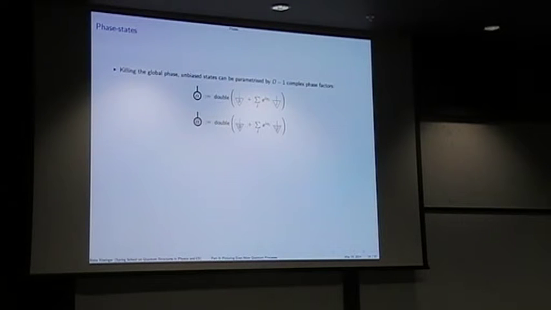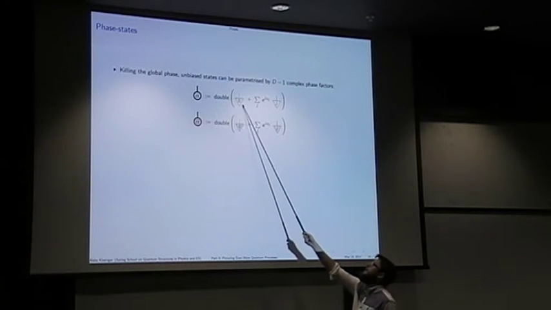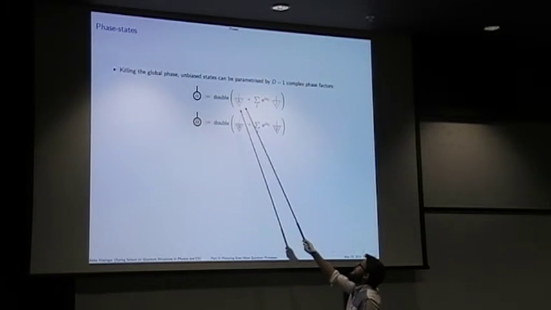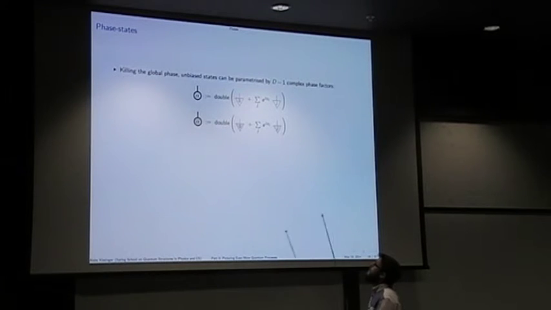So the unbiased states, we can always represent them by d minus 1 complex phase factors. So if you think about what kinds of states are unbiased with respect to a basis, thinking of the vector, all of these things will be just complex phases, right? So we can eliminate the first one. We can make the first coefficient 1 just by multiplying by a global phase, and then we get these other phases.